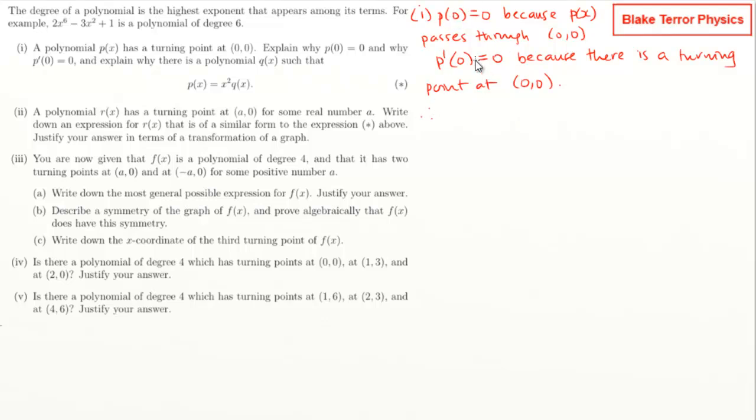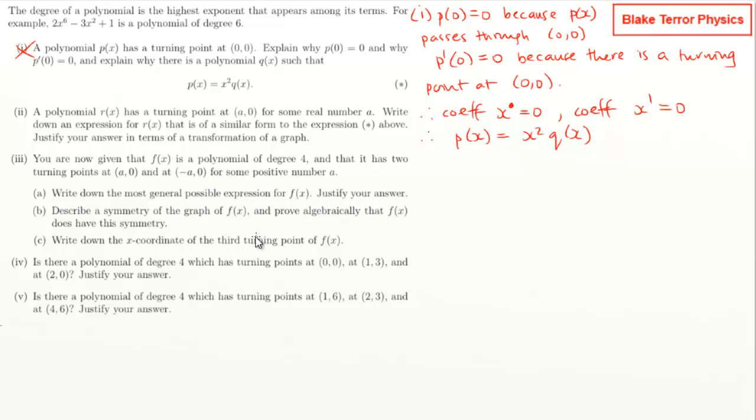So off of the first part, if it's going through (0, 0), then the coefficient of x to the power 0 is going to be equal to 0. And we can also say that the coefficient of x to the power 1 is equal to 0 because we've got a turning point there. So therefore, p(x) equals x squared q(x).